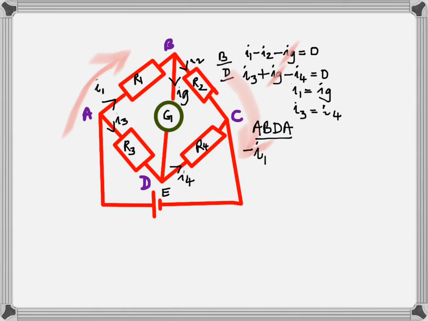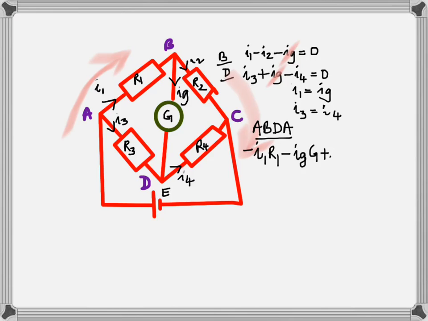Is anybody with me? It's almost as if it just skipped over G. If Ig is 0, then I1 minus I2 is 0, which is I1 is equal to I2, and I3 is equal to I4. Now, then we applied the second loop rule to those 2 loops.